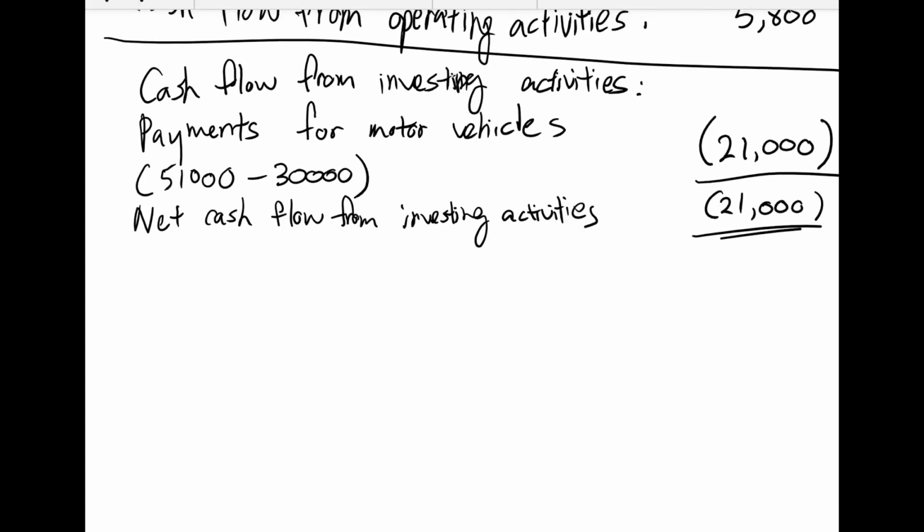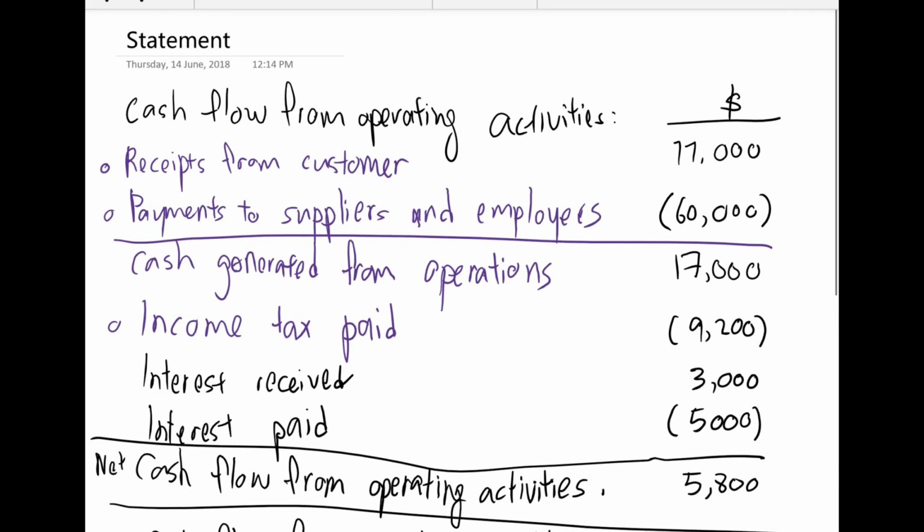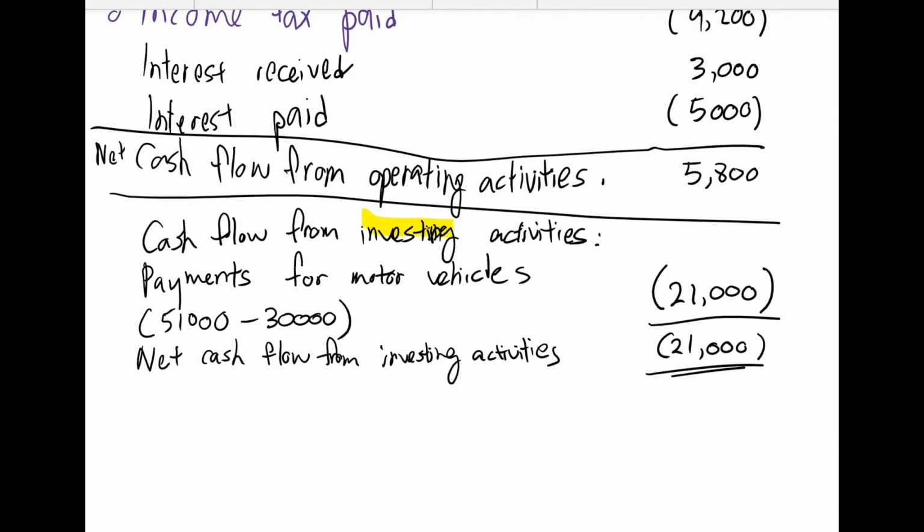And lastly, now we are going to start with our financing activities. Under the SOCF there are three activities. Number one will be operating, number two will be investing, and the last activity that we are going to discuss today is financing activities.